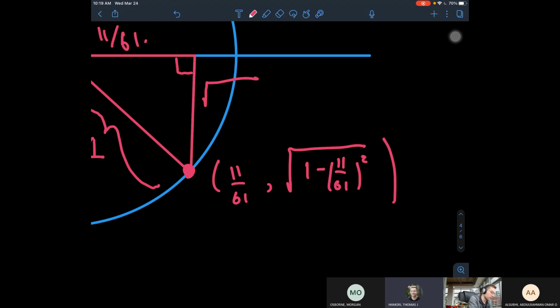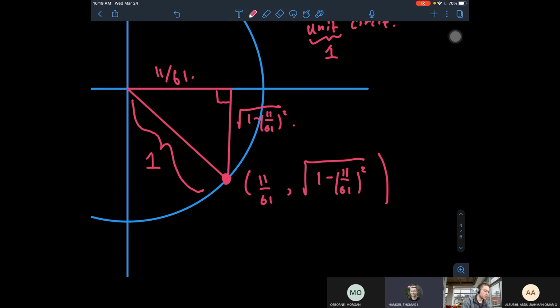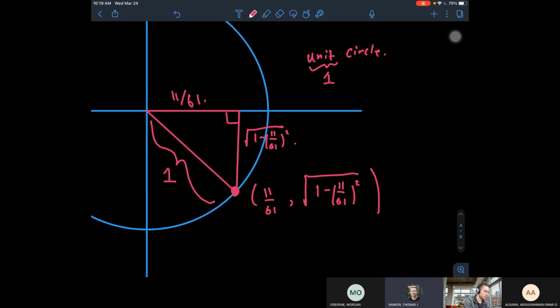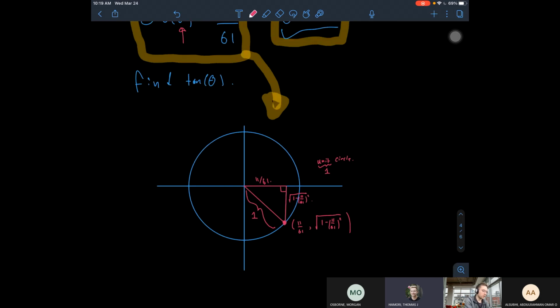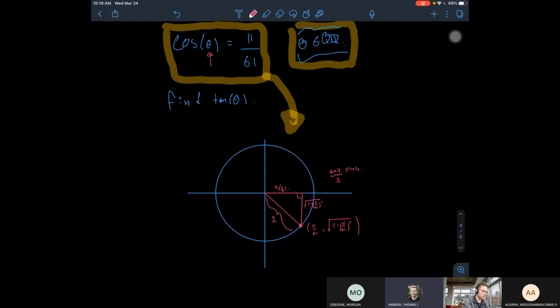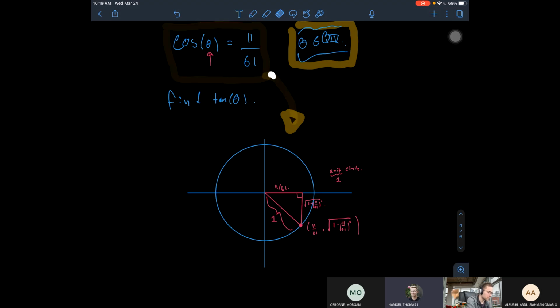This side length is the square root of 1 minus 11 over 61 squared. Okay, now I think we're nearly there. I just need to take the very last step.